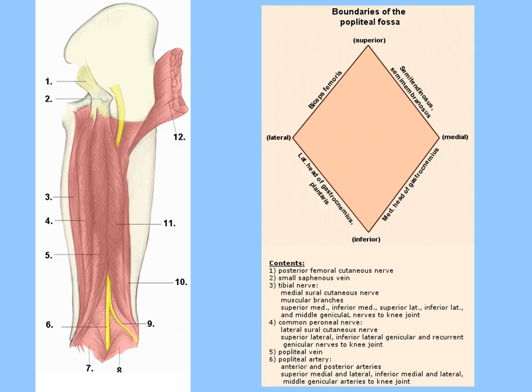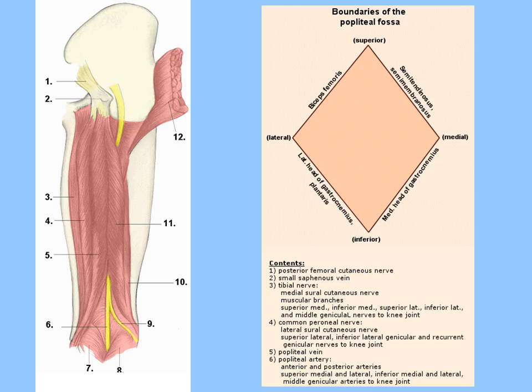Again, the floor of the popliteal fossa is the popliteus muscle. There are 2 sensory nerves that run through the fossa as well. The medial sural nerve is a sensory nerve off the tibial nerve, and the lateral sural nerve is a sensory nerve off of the common peroneal nerve.